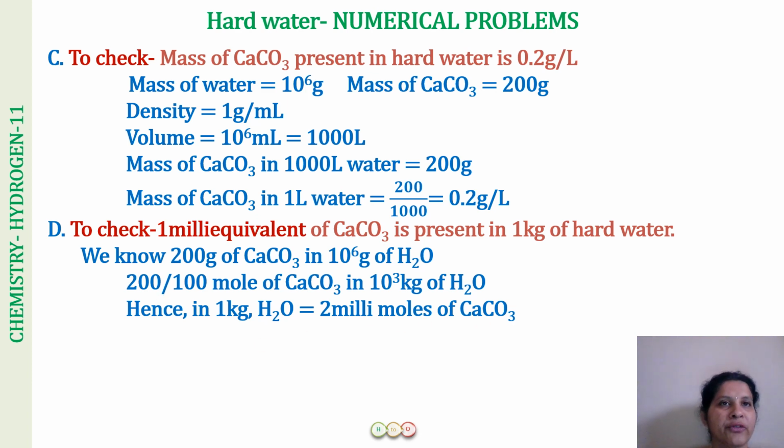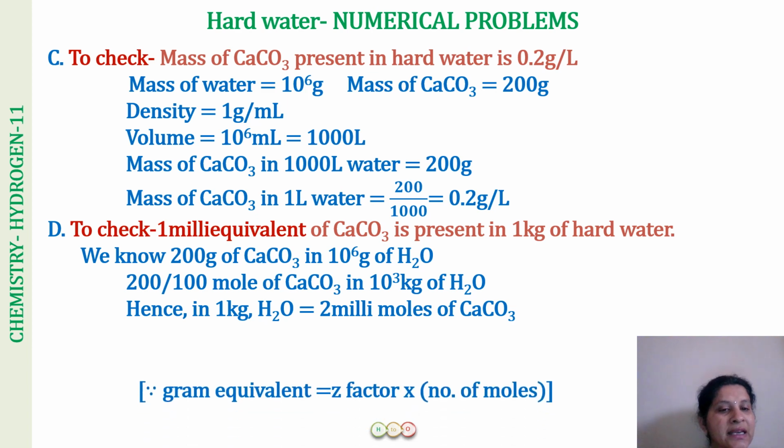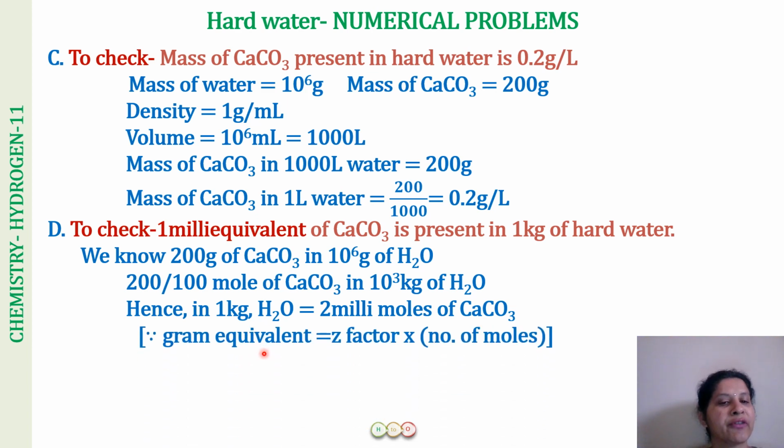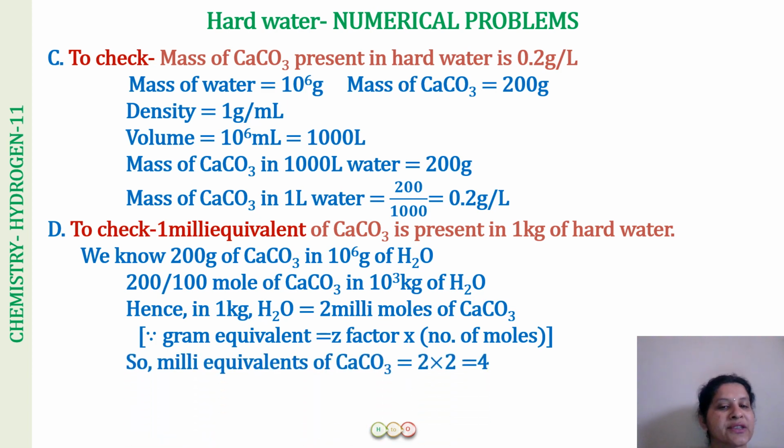Now, just before we started the numericals, what did we see as a relationship between the number of moles and number of equivalents? We had studied that the number of equivalents is going to be equal to Z factor into the number of moles. So the Z factor we know for calcium carbonate is going to be 2 and the number of moles is 2 millimoles. So the number of equivalents is going to come up to 2 into 2, that is 4.